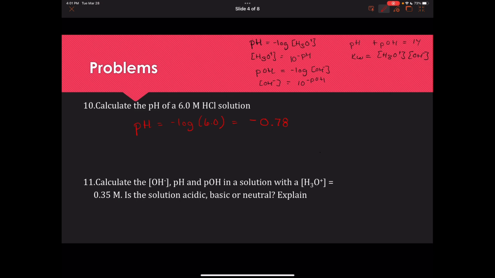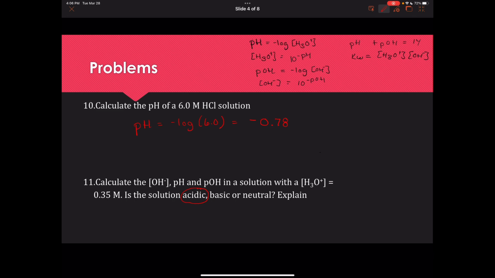I have the hydronium concentration. It's 0.35. If that concentration is greater than 10 to the negative 7th, it's acidic. Now we can use this to check all of our math, because all of our answers should agree with being acidic.